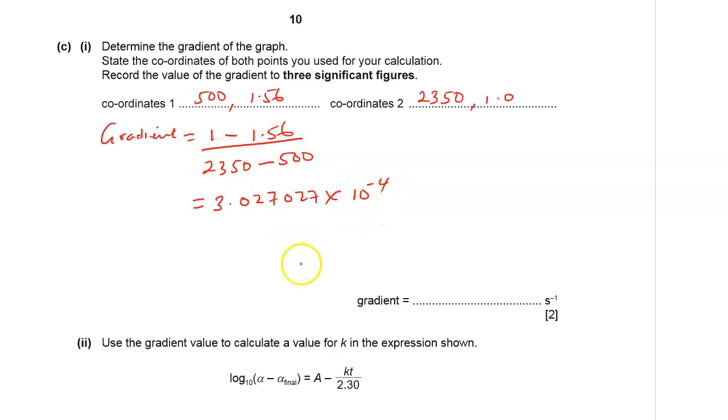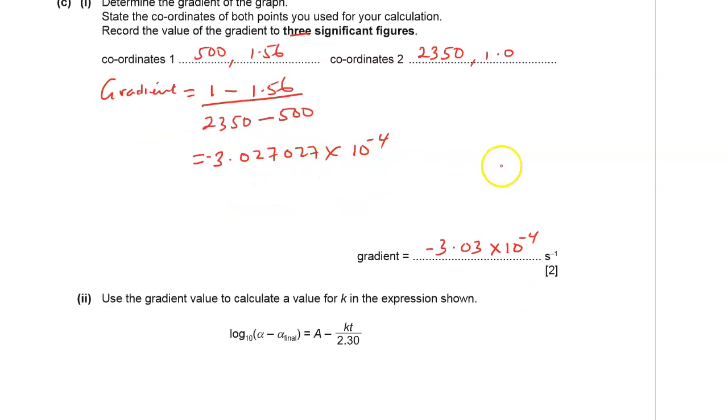Of course, it's going to be negative. Therefore, the gradient is -3.03 times 10 to the power minus 4 per second, to 3SF.